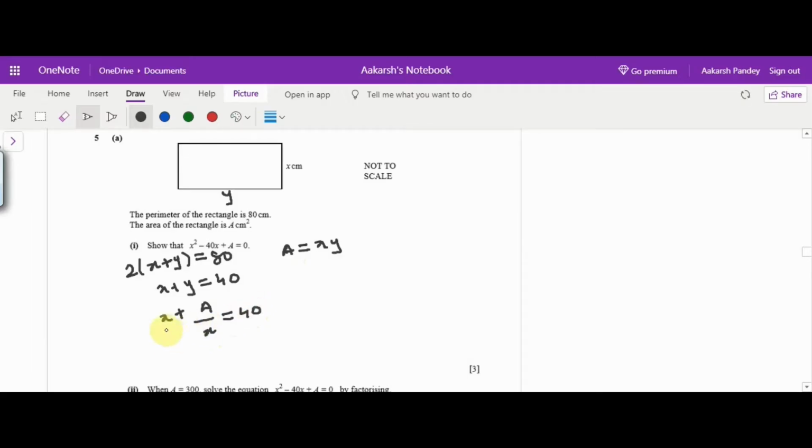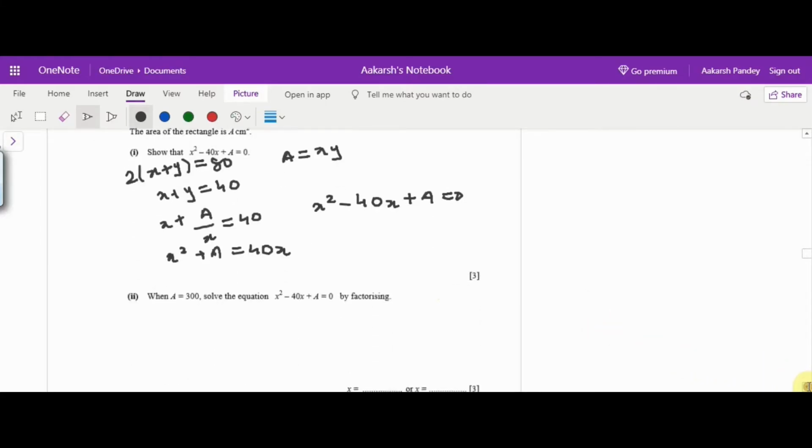Now multiplying throughout by x, we get x square plus a is 40x. If we rearrange it, we get x square minus 40x plus a equal to 0. That is what we wanted.